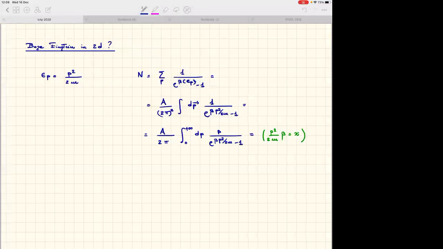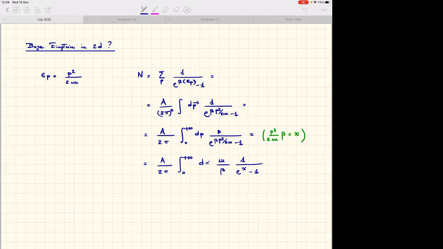in which case what I have is that this is equal to A over 2 pi. A is the area, of course, of my system. It's a two-dimensional system. Integral between 0 and plus infinity of dx m over beta, 1 over e to the x minus 1. Why?